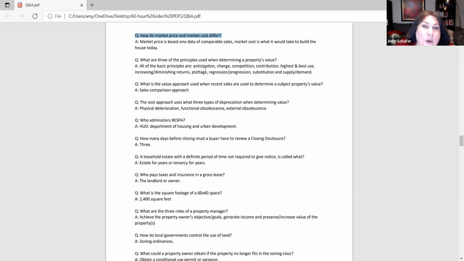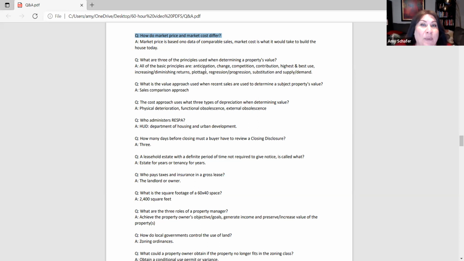The cost approach is going to work really good for very unique properties, commercial, industrial, or even residential, where maybe you've had a church converted to a home. The cost approach starts with taking the property back to bare land, adding in the value to rebuild it.